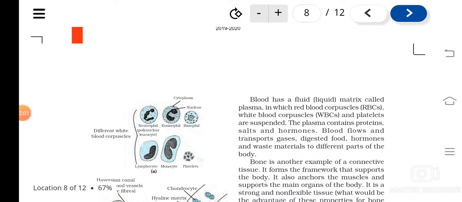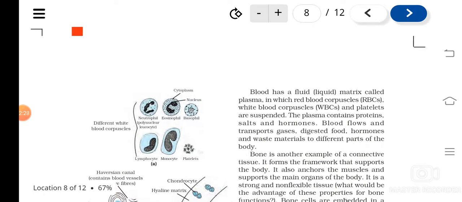RBC's main function is to carry oxygen. WBCs help in fighting microorganisms. And platelets are helpful in the healing of wounds, clotting of blood, etc. Understood? So these are the functions of various components of blood.